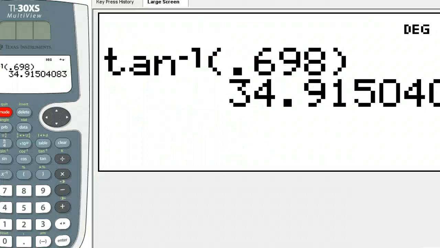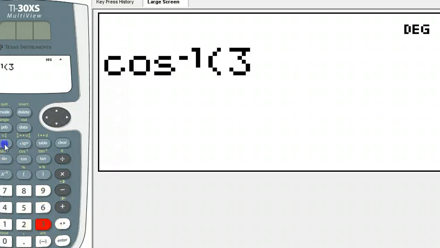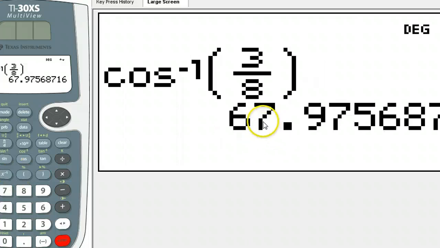Okay, let's see. So the inverse cosine, so second cosine of 3 over 8. And that is 67.97. Because of the 7, I really need to round this 9 up. But it's already a 9, it's the highest digit. So instead, look at, let's see, I have never done this before. Can I draw with this thing? Oh, look at that. I'm drawing on the calculator. It's pretty cool.